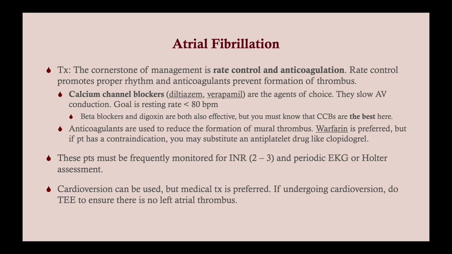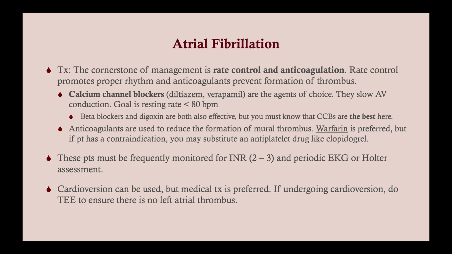Now we do want to use the non-dihydropyridine calcium channel blockers. Remember that the dihydropyridine calcium channel blockers are anything that end in dipine, so amlodipine, nifedipine. We do not want to use those. We want to use the non-dihydropyridine calcium channel blockers. So that's things like diltiazem and verapamil.